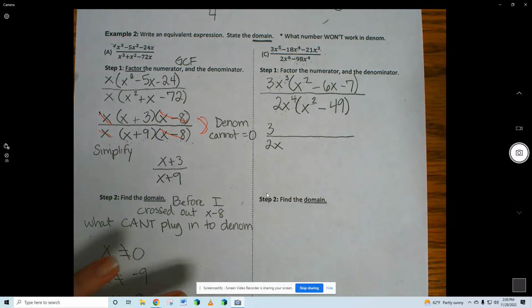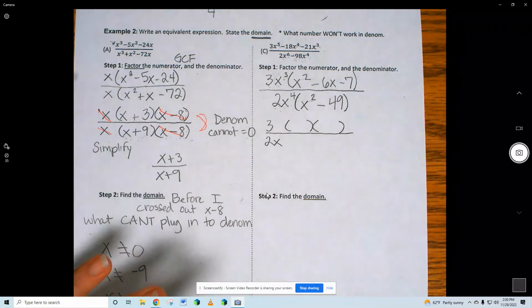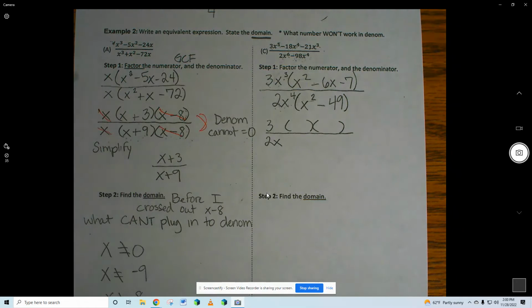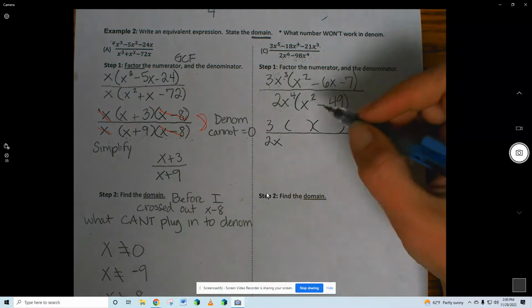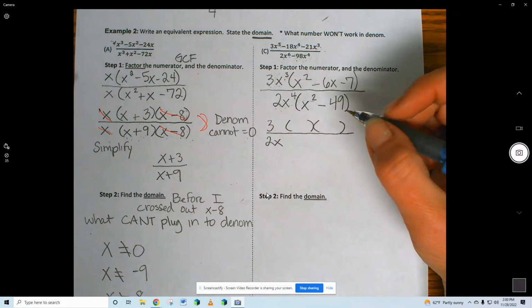Now please factor out the numerator. X squared minus 6x minus 7. What numbers multiply to make -7 and add up to -6? Someone tell me. You have to say it louder.